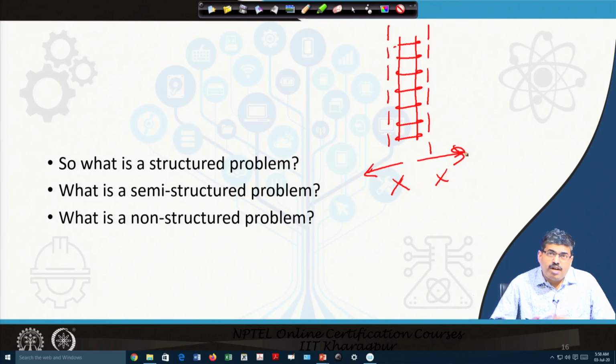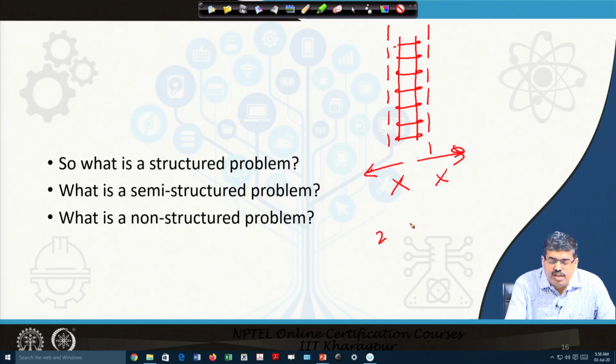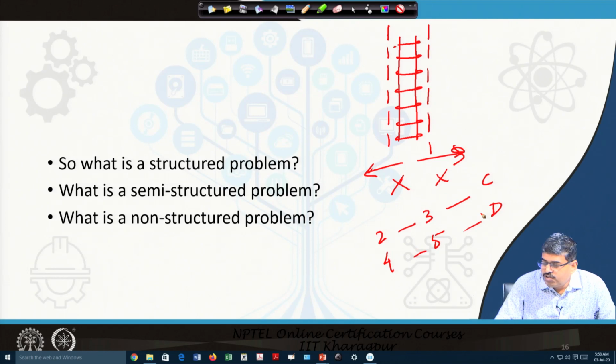Go back to that linear programming problem once again, that production problem. You remember, we had 2 units of product A and 3 units of product B, and 4 units of product A and 5 units of product B were required to manufacture product C and product D. This was the problem. Material availability was 30 and 40.